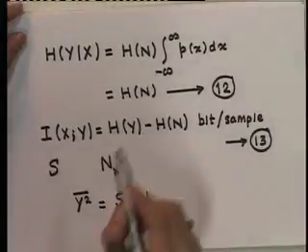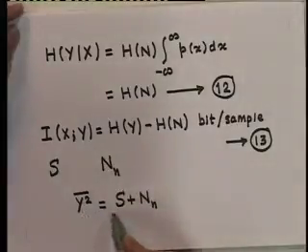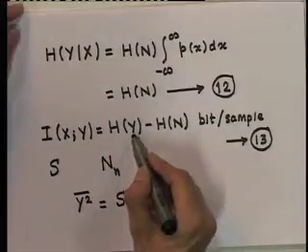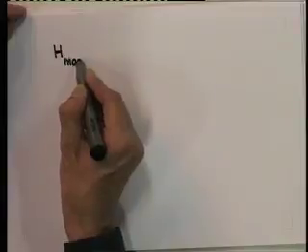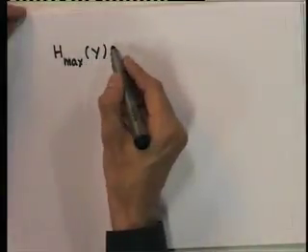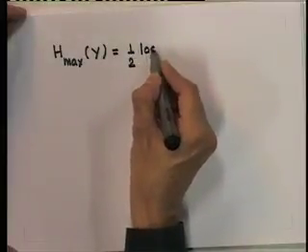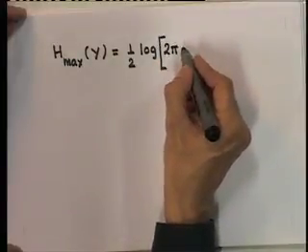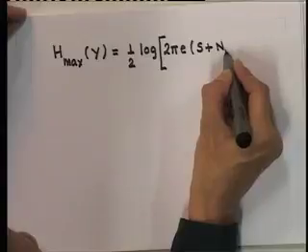Now, we have also seen that for the given mean square value of y, which is indicated here, h(y) will be maximum if y is Gaussian, and the maximum entropy h_max(y) is given by half log of 2 pi e multiplied by (S plus N_n).